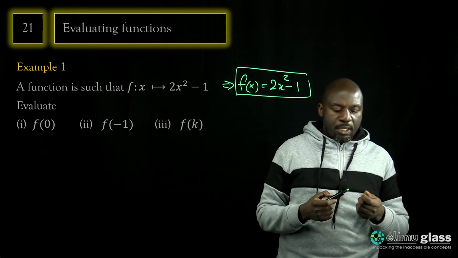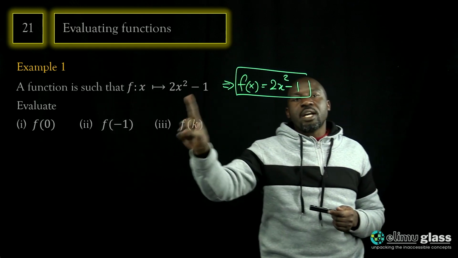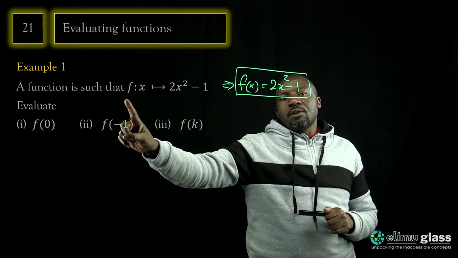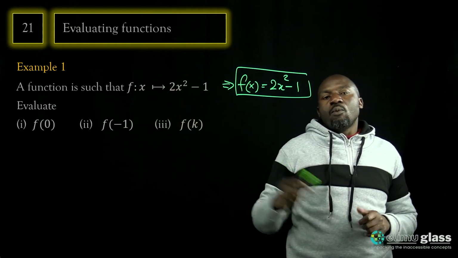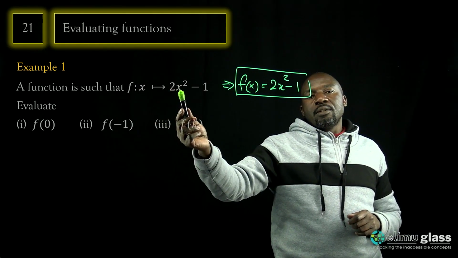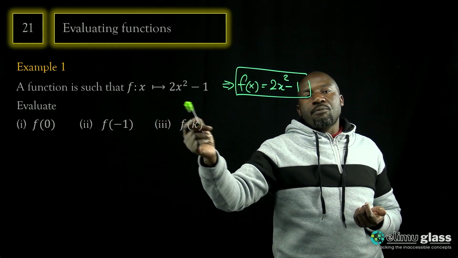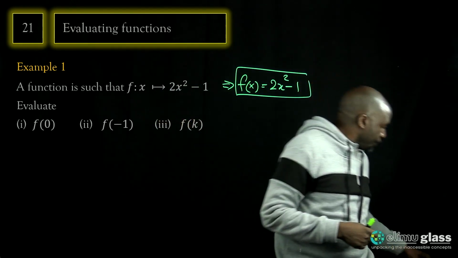If you're taking computer programming, you can understand why I said this notation makes sense, right? You input 0, what should we get out there? Well, we put a 0 there. 0 squared is 0, times 2 is 0. So f of 0, we end up with negative 1 there.